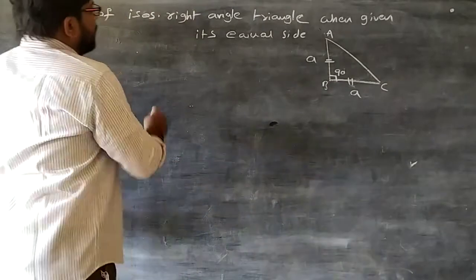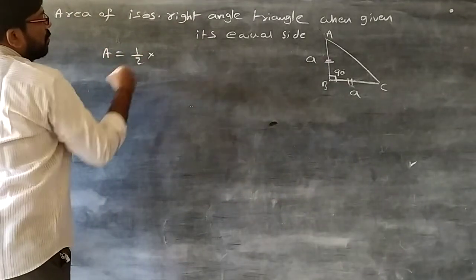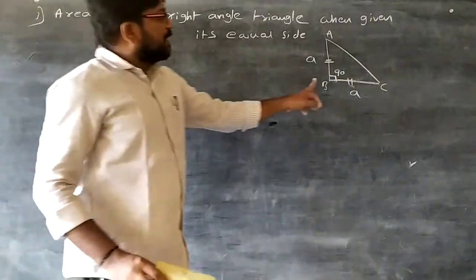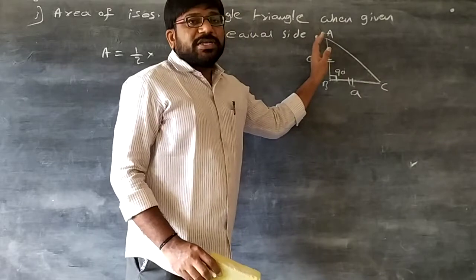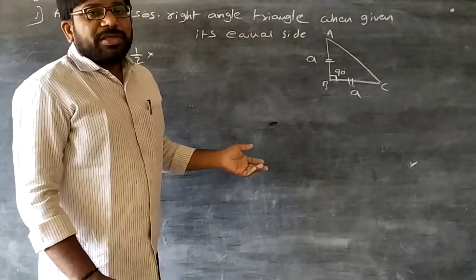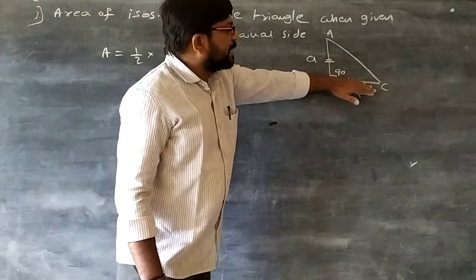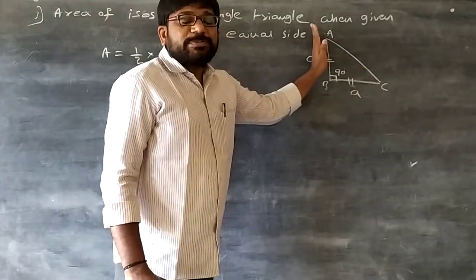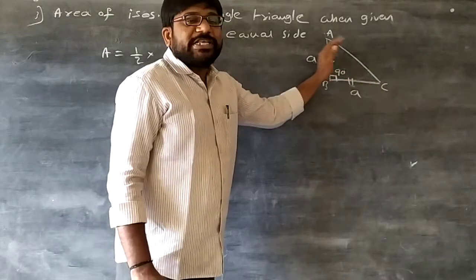In this triangle equal sides are given, so its area A is equal to half into base into height. We use the common formula, area of triangle half into base into height. Height is always perpendicular to base, so we treat one side as base and the other as height.